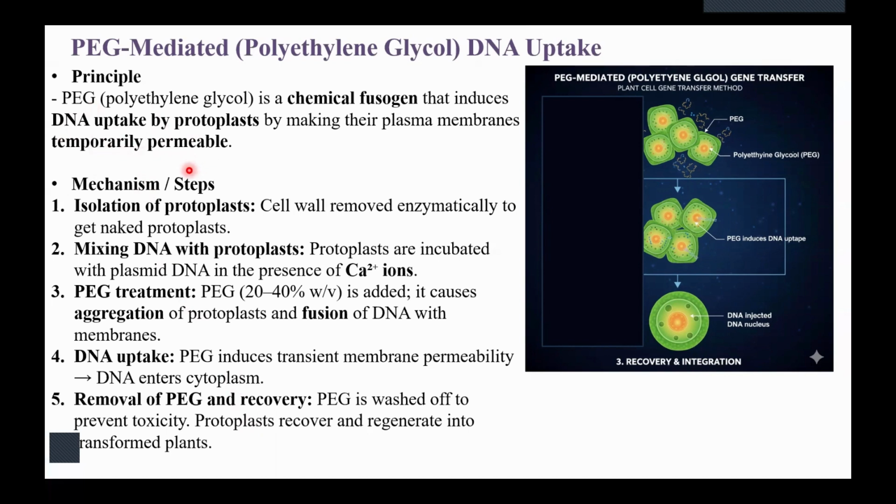that we're providing them. First we're going to isolate the protoplast, and then we're going to mix the DNA that we want to insert with the protoplast in the presence of calcium ions. The calcium ions have the ability to bind to the negatively charged membrane and neutralize it. Once the cell membrane has been neutralized, we're going to apply PEG to it.